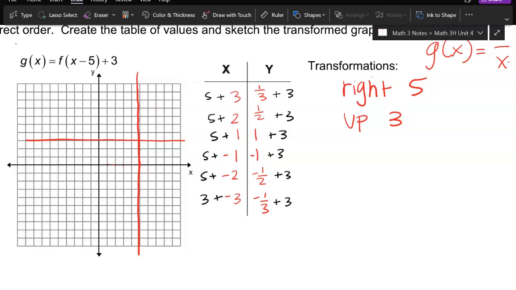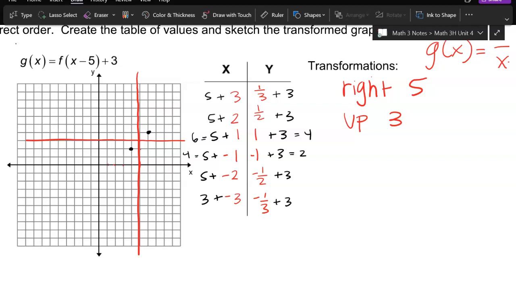All right, let's look at our points. So kind of at our center points, we'll have 6 and 4. So 6 and 4, that's going to be here. And then this one is going to be 4 and 2, which will be here. And then we'll go out from there.